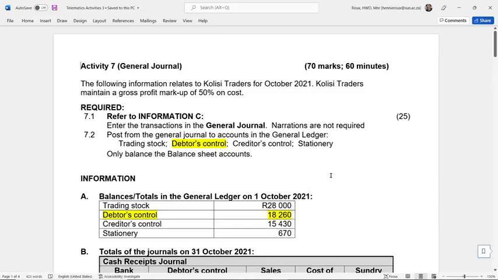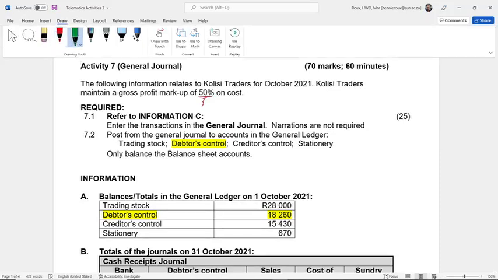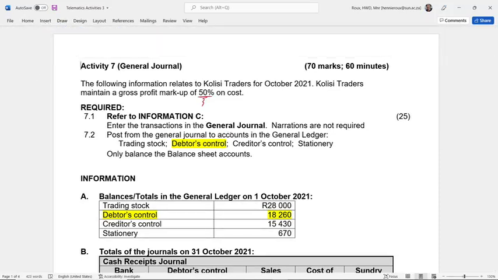They give us information relating to Kulisi traders, and they use a markup of, again, 50% on cost price. We first have to do the general journal. We don't have to show the narrations. Now, the narrations is just a sentence that we write below to explain what we are doing with the journal entry.